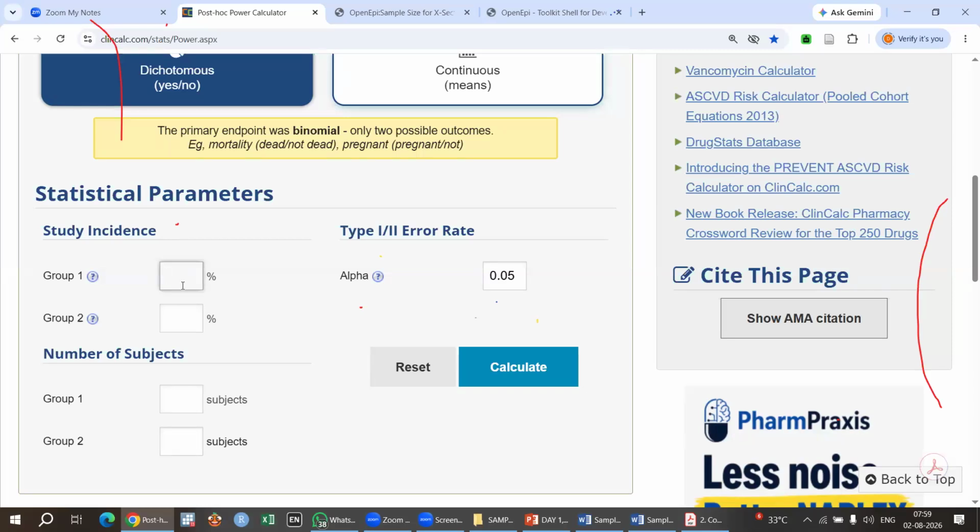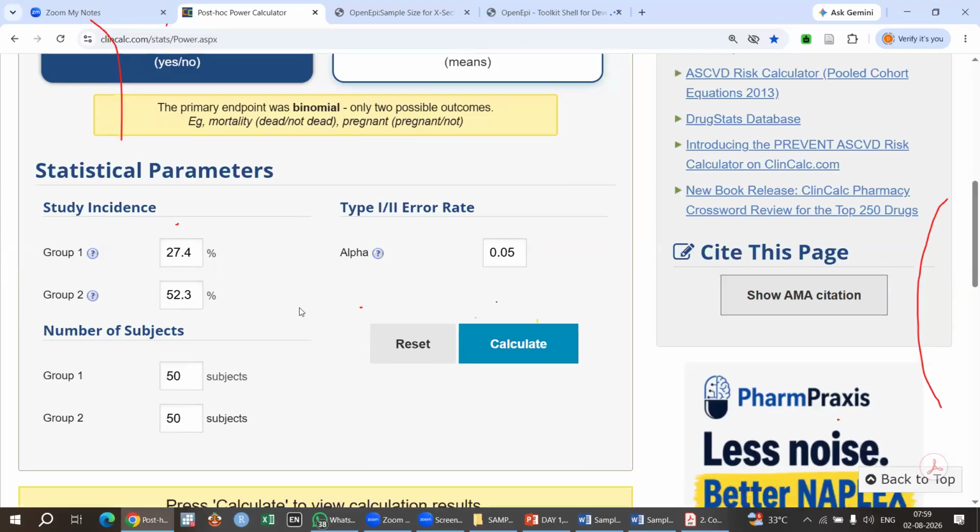Development of bed sore in group 1, that is the intervention group, is 27.4%, and in group 2 it is 52.3% in our study result. And in group 1 we have recruited 50%, and in group 2 we have recruited 50%. Alpha value is 5%.